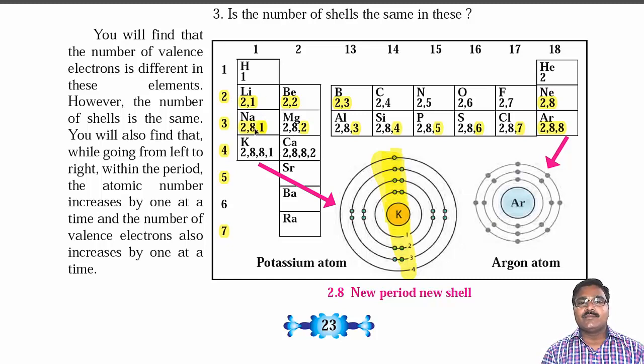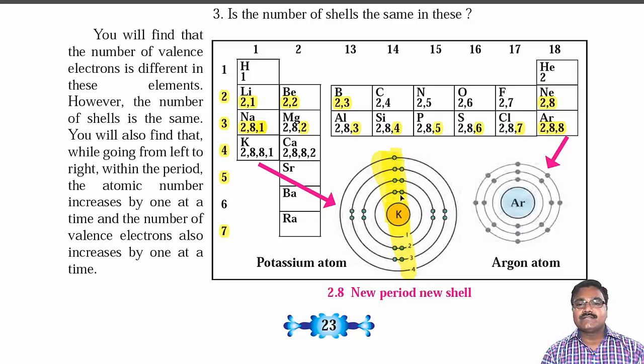That means sodium will have more atomic size than chlorine. That means sodium is a bigger element or bigger atom, and chlorine is a smaller atom than sodium. Now down the group, you will see that as we move down the group, there is an increase in shells.